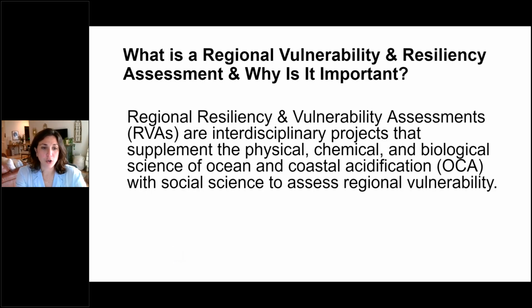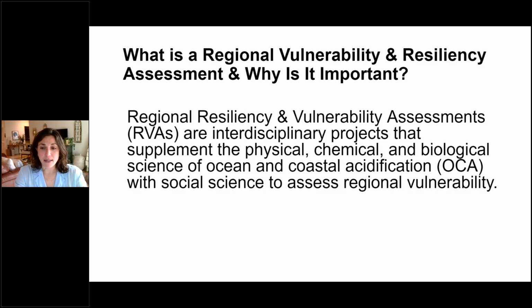So what is a regional vulnerability assessment and why is it important? So regional resiliency and vulnerability assessments, which we call RVAs, are interdisciplinary projects that supplement the physical, chemical, and biological science of ocean and coastal acidification with social science to assess regional vulnerability. By bringing together the physical and the social sciences, projects can inform strategies that build resilience or adaptation to ocean change that are responsive to community values and needs.